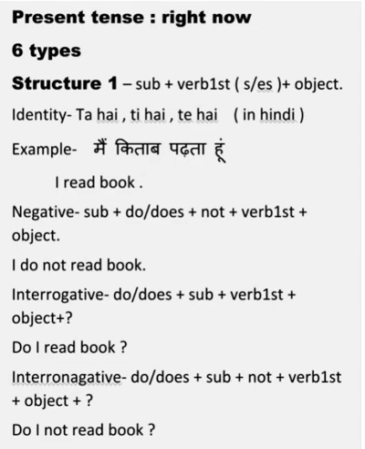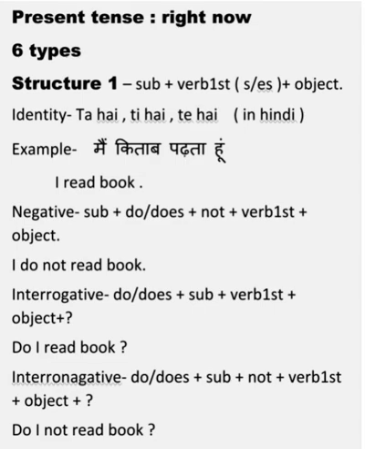We use s and es according to the situation with our main verb only if the subject is singular. If we have a plural subject, then we definitely won't use s or es. There will be only verb first form with a plural subject.